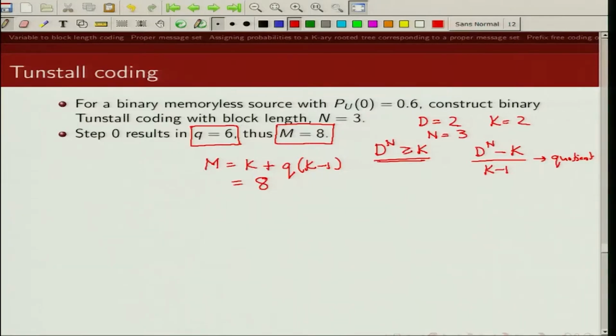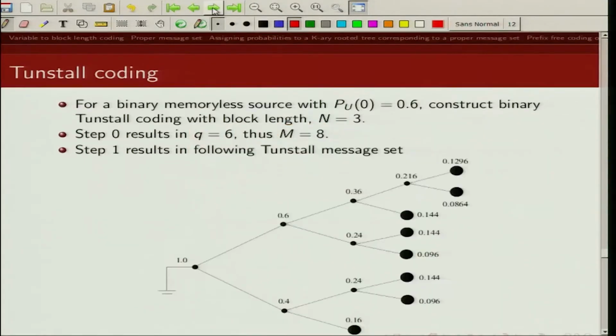So in this case we can find a Tunstall message set. What we need to do is 6 extensions of the extended root. So let's do that. This is a rooted tree and that's a root. What I have here at this point is an extended root. The probability of 0 is 0.6, that's given by this, and the probability of 1 is given by this.